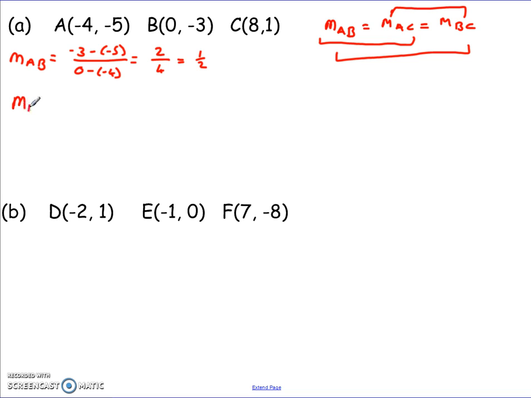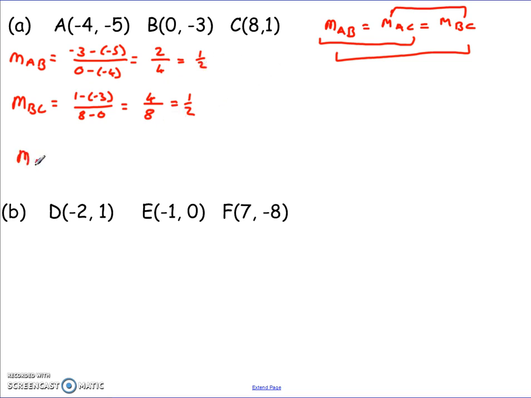If I then went to say, right, let's look at the gradient of BC, these 2 points here, that would be 1 take away -3 over 8 take away 0. So 1 minus -3, minus becomes a plus, 1 plus 3, that's 4 over 8, which is a half. So I could say at this point, great, that would work.